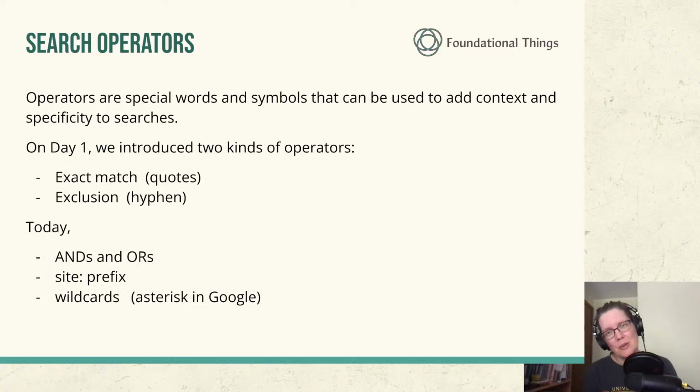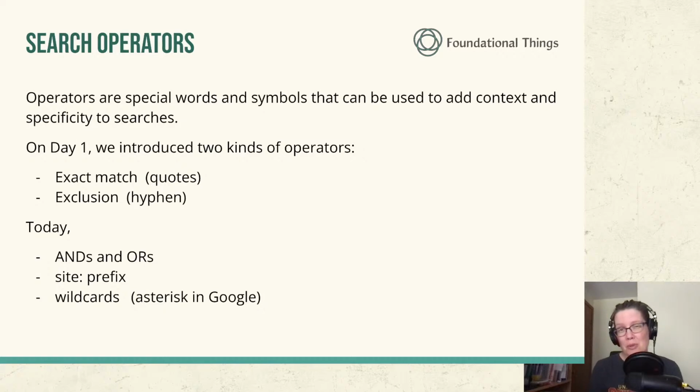So, welcome to day 2 of Find What You're Looking For, an internet search series, 9-day training. And we're going to continue talking about search operators. Yesterday we looked at exact match with quotations, and we looked at exclusion or not with the hyphen. Today we're going to look at ANDs and ORs.